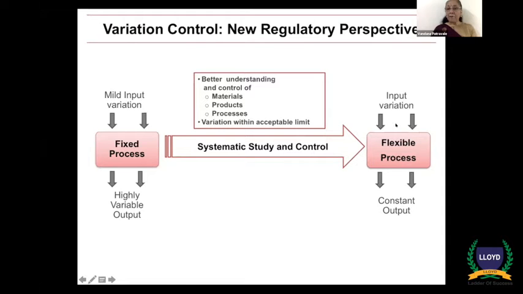Now, in the blender itself, you can install probes, and those probes can be near infrared probes, so that till the right kind of blending is done, the process doesn't move forward. And therefore, you always get a constant output no matter what. If there are certain slight changes in the raw material, they will be taken care of by the flexible processes.